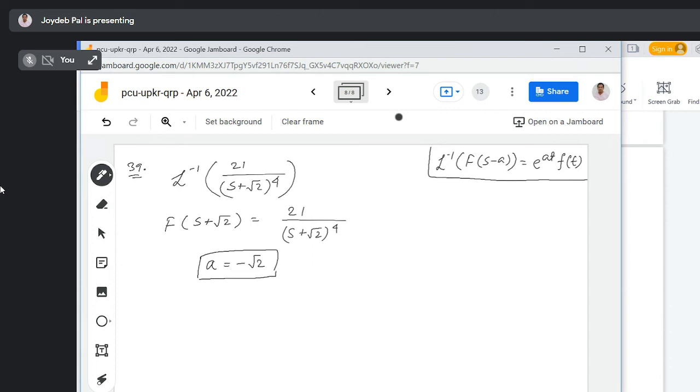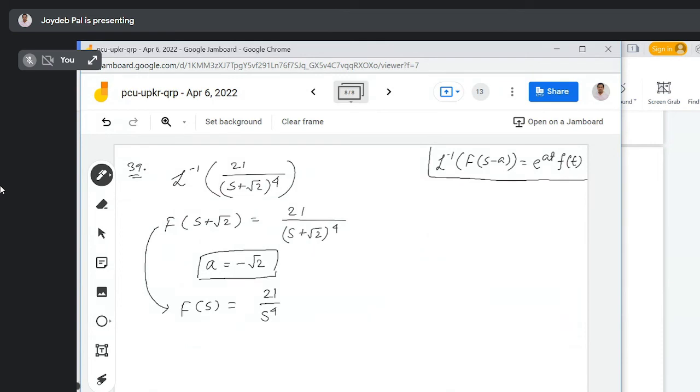For ft, first of all you have to find fs. So from this f of s plus root 2 you can write fs. What is fs? This: 21 by s to the power 4.